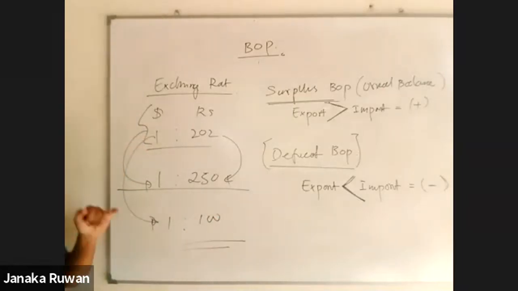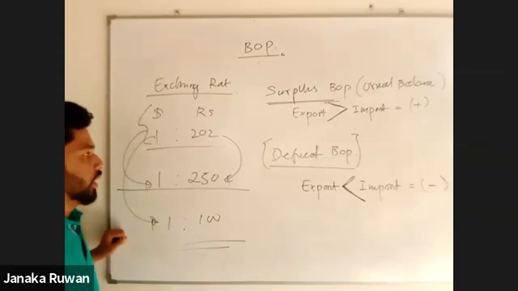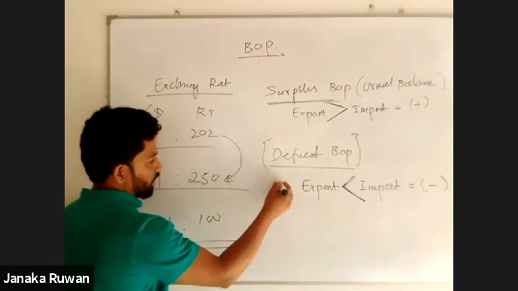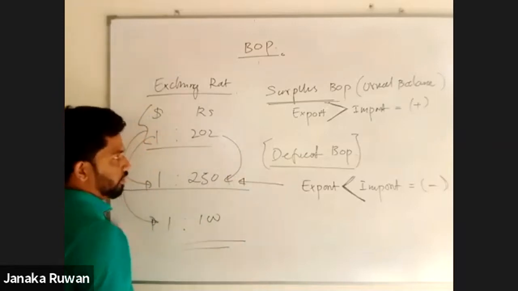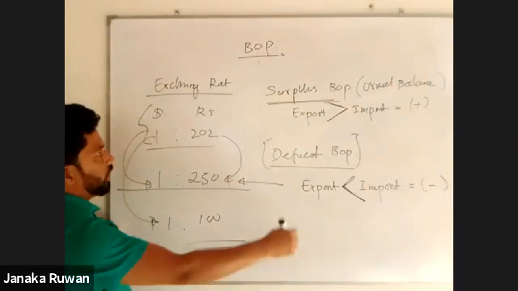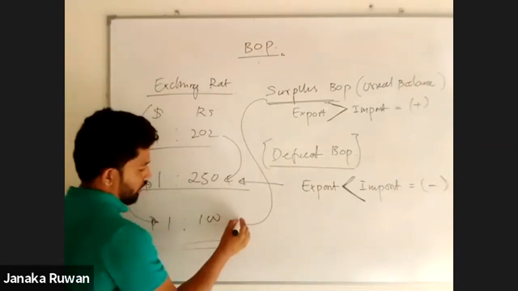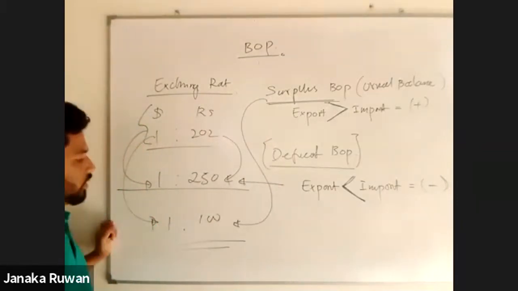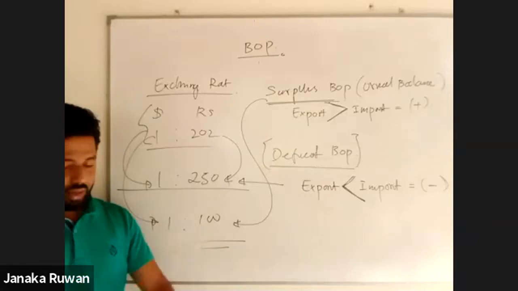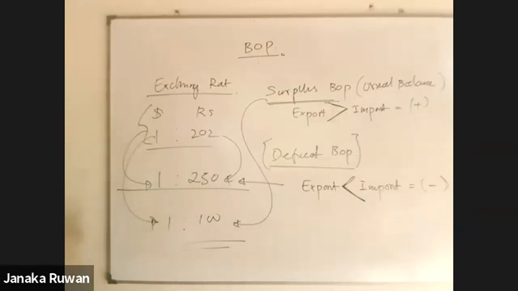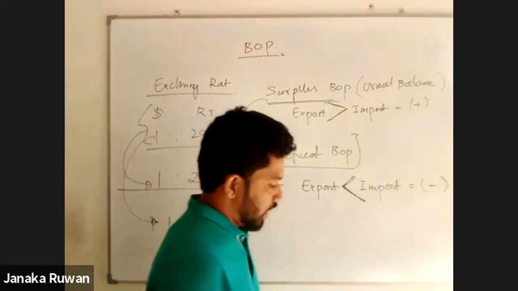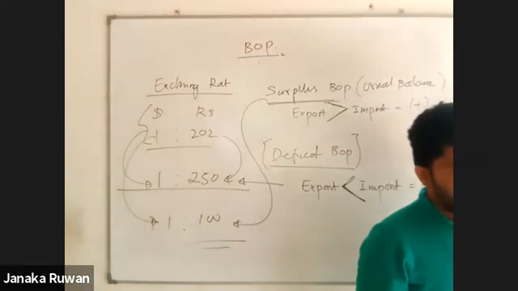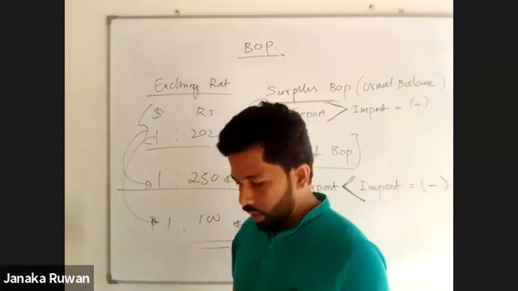All of this depends on the surplus or deficit of the balance of payment. If your country takes a deficit value, your currency will decrease. If you take a surplus value, your country's currency value will increase and the exchange rate will appreciate. The exchange rate will be determined under the surplus or deficit situation of the balance of payment.